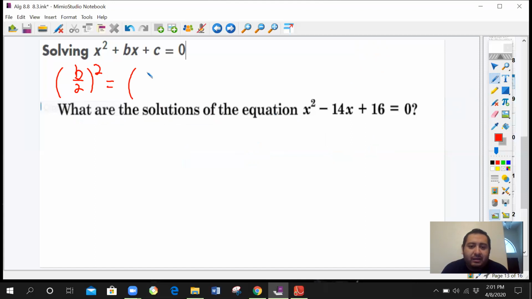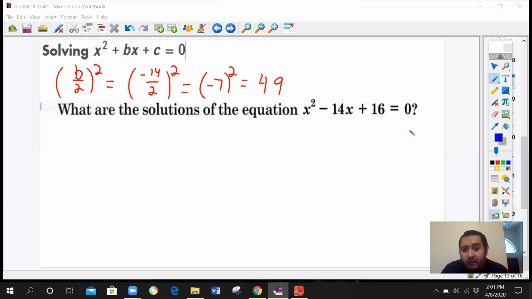Our b in this case is -14, divided by 2 and then squared. -14 divided by 2, you get -7, and then squared, you get 49.